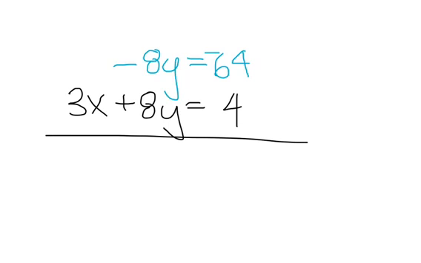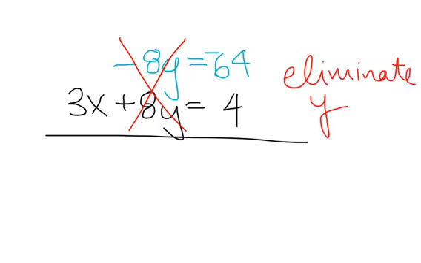When I do this, the y's are going to cancel, so we eliminate y. What I'm left with, I'll do this equation in green, I get 3x equals negative 60, which is the same as x equals negative 20.